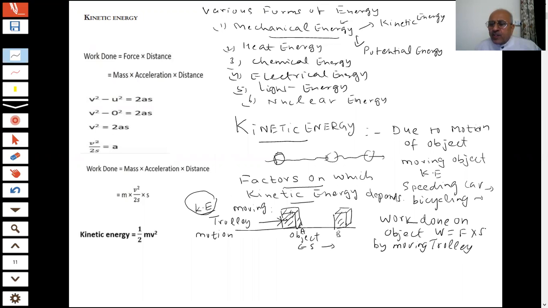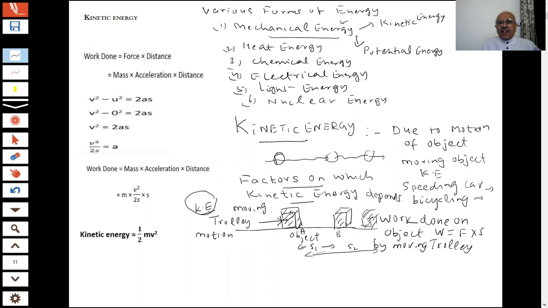S will increase. If I increase the velocity, the box will move further away. This is my S1 displacement, and this S2 is larger. If velocity is increased, there is more displacement. Therefore, the kinetic energy, which is doing work here, increased.